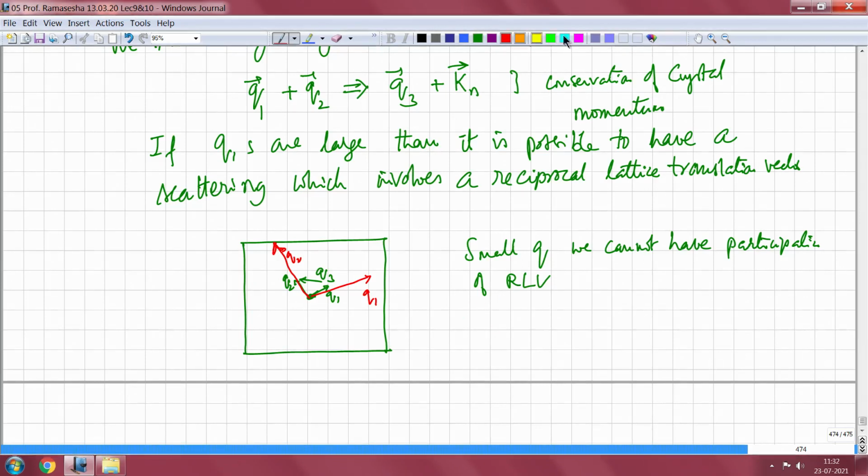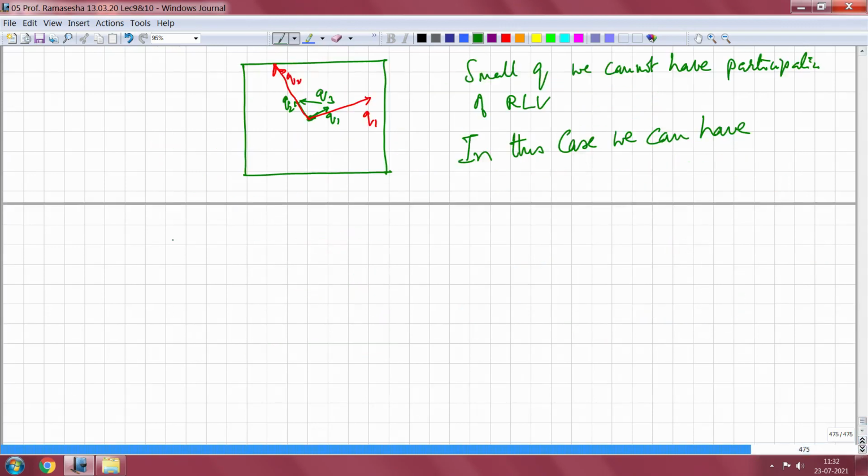Then q1 plus q2 equals q3 plus some reciprocal lattice translation vector kn. When kn is non-zero, that is, when you have the participation of the reciprocal lattice vector, this is called an Umklapp process.